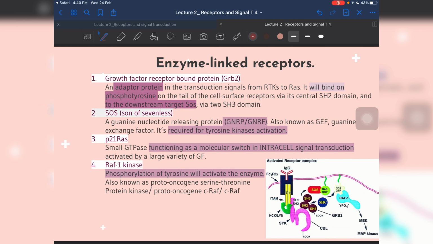This is a GEF, a guanine nucleotide exchange factor, and is very much required to activate the tyrosine kinases. And then we have p21 RAS, a small GTPase that functions as a molecular switch. I would say that p21 RAS is about right here. And then we have RAF1 kinase, a type of proto-oncogene for serine threonine.